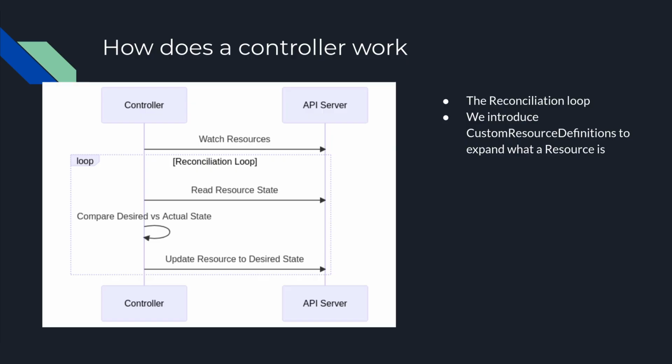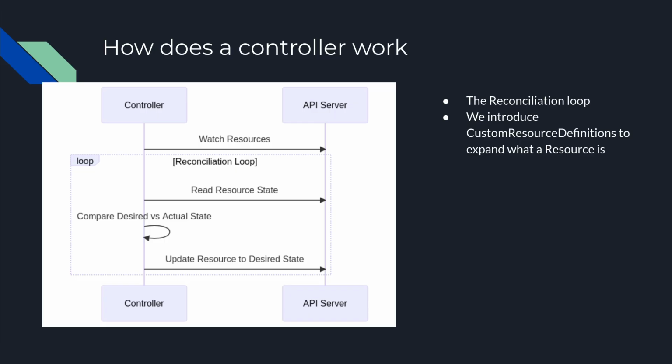So this is the basics of how a controller works. A controller is in charge of a specific resource, and every loop it watches those resources, and every cycle it reads what resources it's tracking and checks if they are as desired, like how it wants them to be and how they're expected to be.